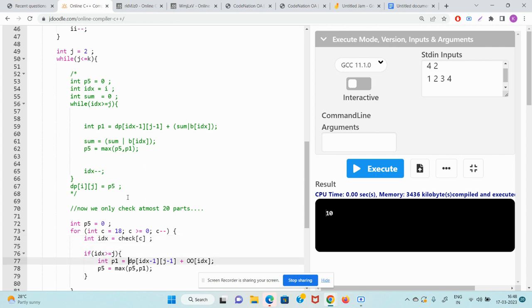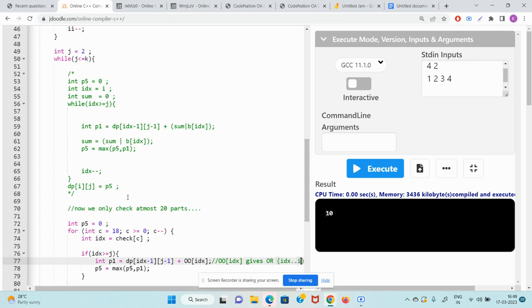The answer is dp of index minus 1, y1 minus 1, j minus 1 plus o of index, which gives me the OR value. o of idx gives the OR of numbers from idx to i.